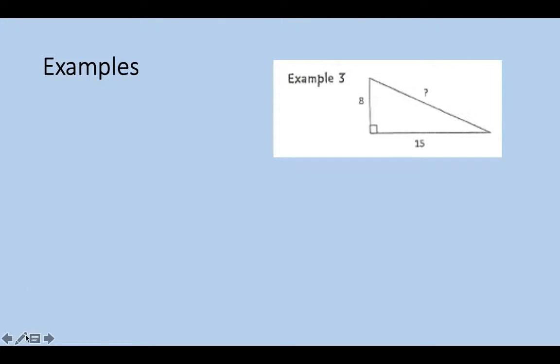Okay, getting into an example, we first want to identify what side we're going for, which is the side opposite the right angle, which makes it the hypotenuse, which is our c value, always the c value. So let's set up our equation. It's a squared plus b squared equals c squared. And we label our sides. The legs are interchangeable. So we have 8 squared plus 15 squared equals, we do not know our c value. 8 squared is 64.